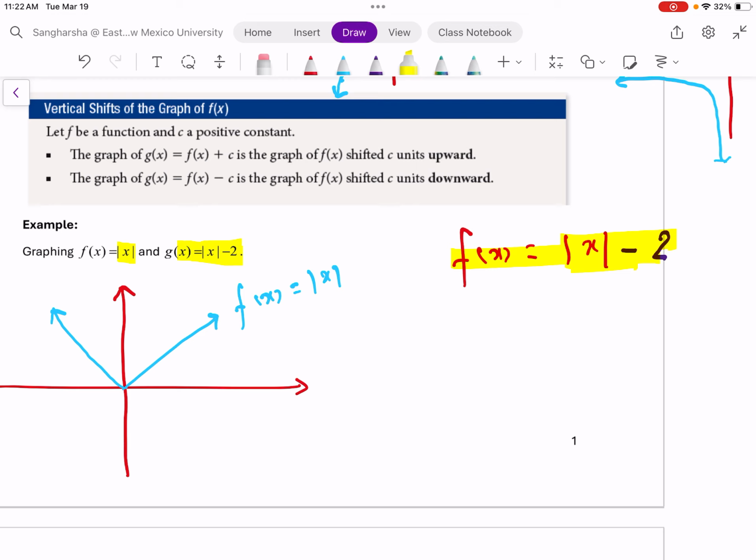Eliza, do you feel good now? Did anyone get a graph for this function? Anyone else? Okay. Now, if we compare two graphs, what differences do you find?